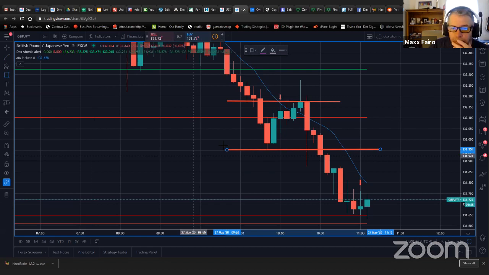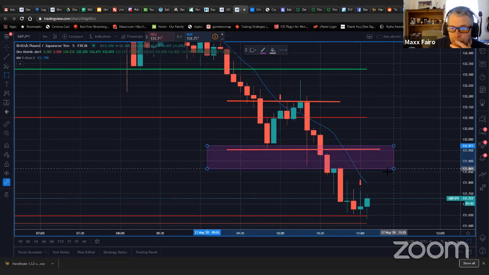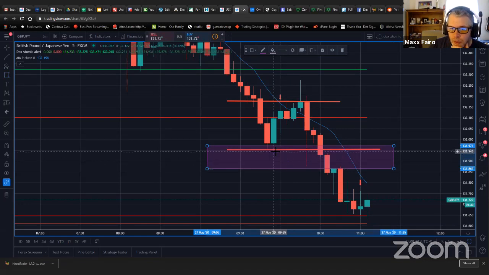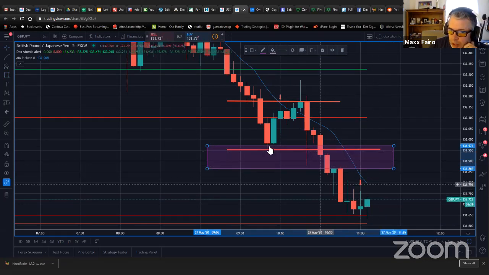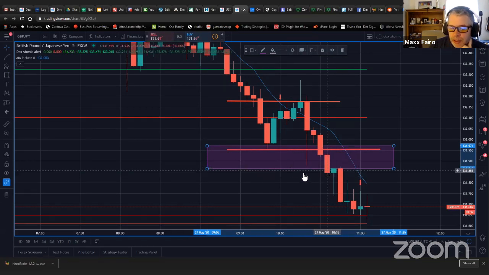Between this area and that area. So this would be a zone where it could kind of come back up into and feel a little retaliation. Why? Because we have this one hitting off right here, and we have this little hiccup right here. That gives you a little bit of an idea of a temporary dynamic zone that this is setting up in.